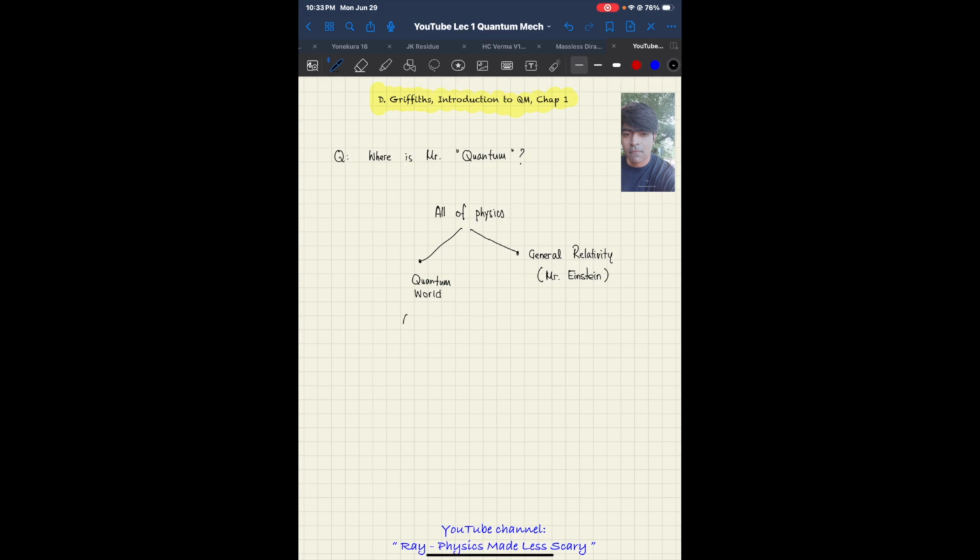This is, well, in the early days, Niels Bohr. Who else? Well, a lot of people. Schrodinger, Max Planck, and so on and so forth.